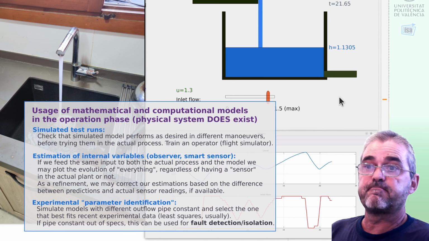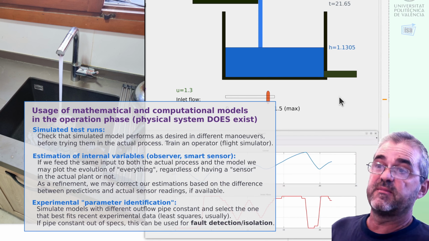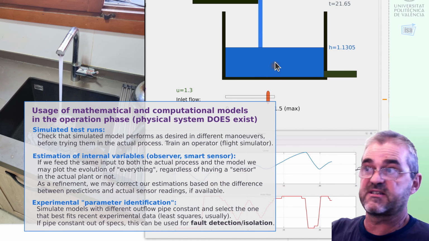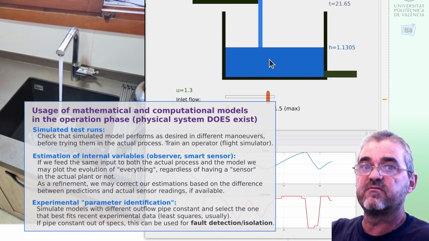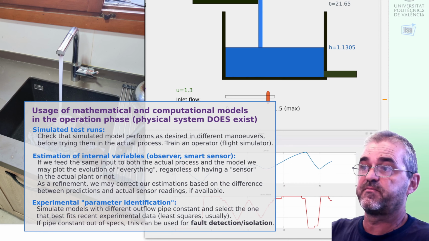The first thing is that, if you feed them with the same input, then if the model is correct, the levels, pressures, and whatever variables of interest in my computational simulation will be the same or roughly close to the ones in the actual physical system.